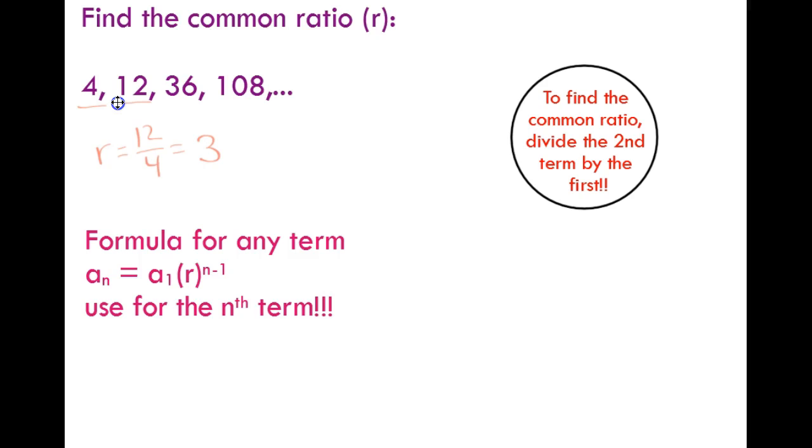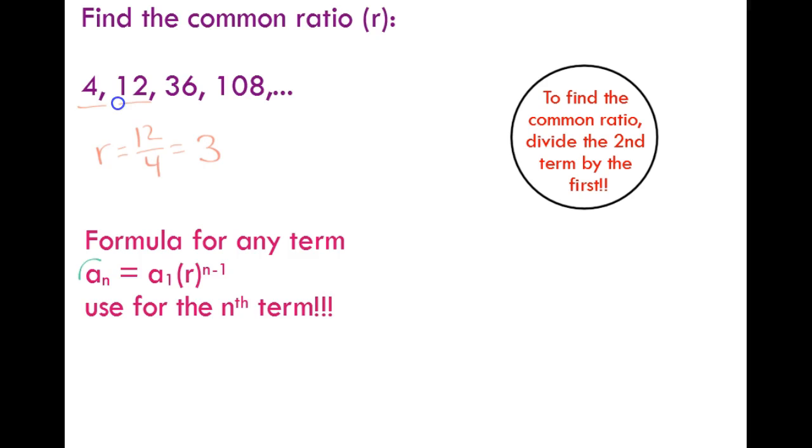And we have a formula for this one. It looks somewhat similar, not really I guess, to the formula we had last time. It has a couple of the same elements, the A of n and A1. It says formula for any term, and we'll go over what these parts mean.